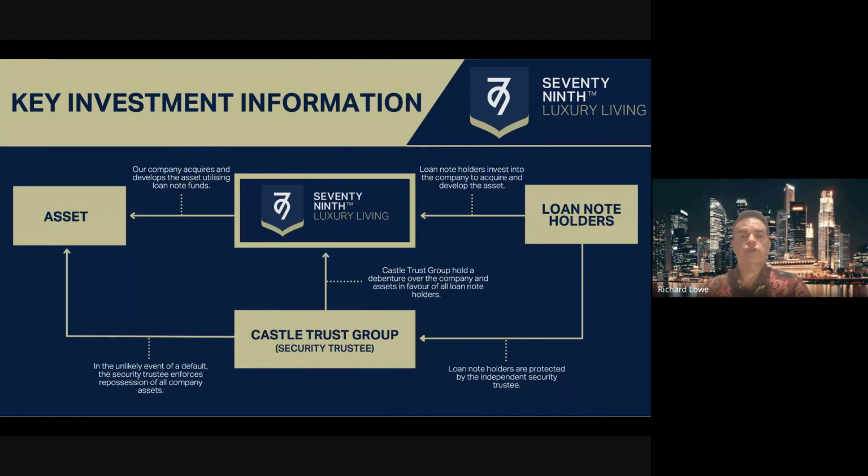And this is a nice flow diagram, which really brings the investment structure together. If we start at the top right-hand side, where the loan note holders or the property bond investors, that money goes into an SPV, a special purpose vehicle, which is then used to acquire the assets or the development sites.